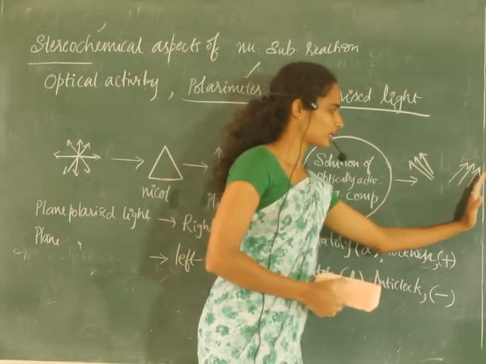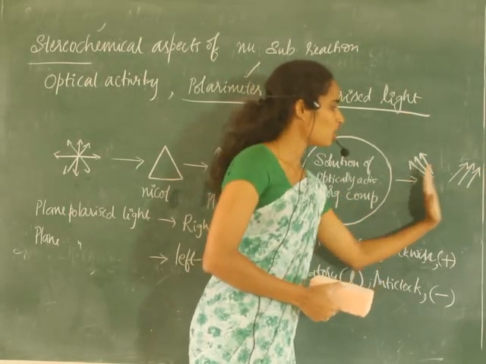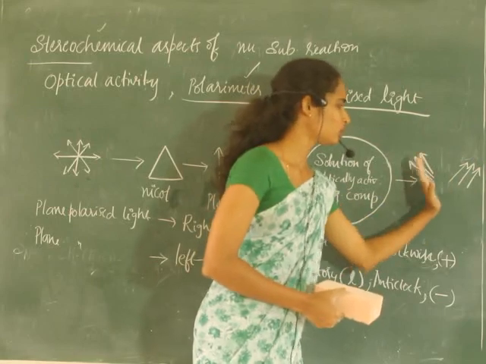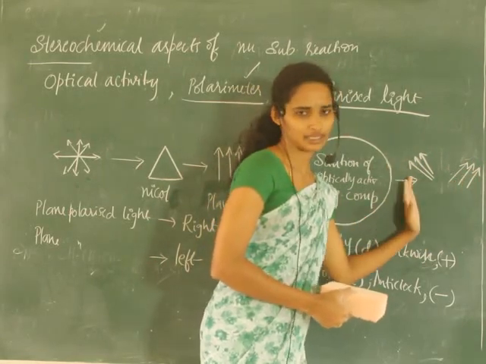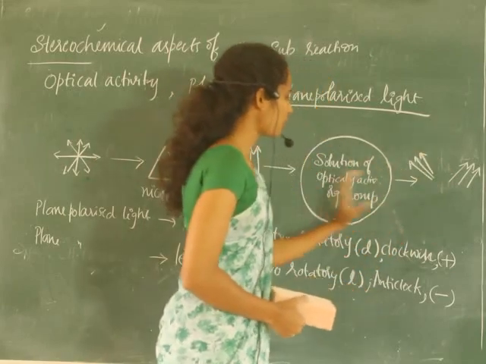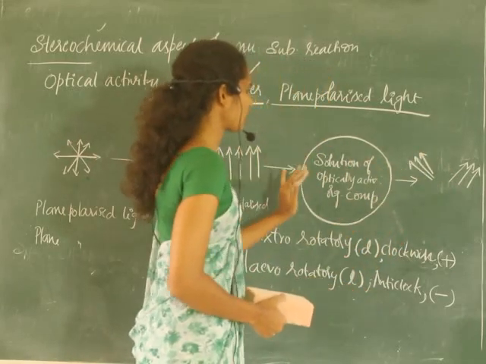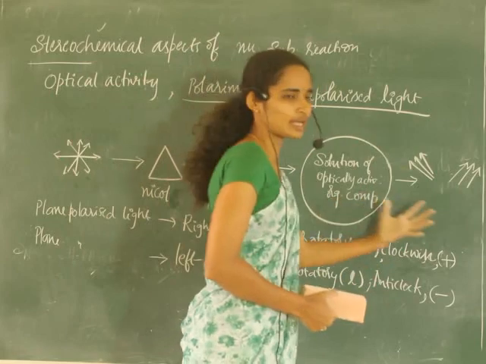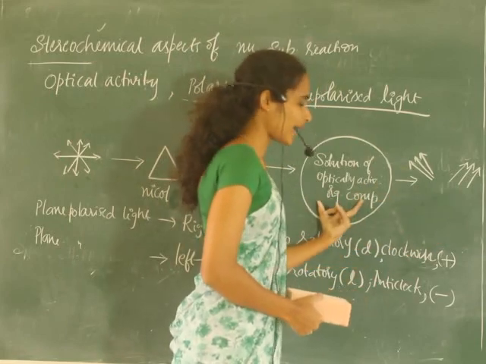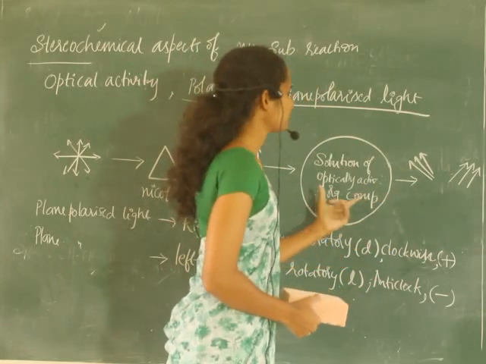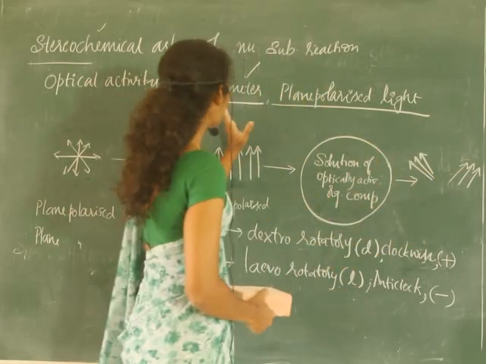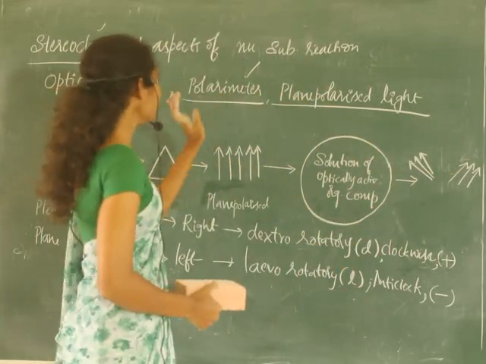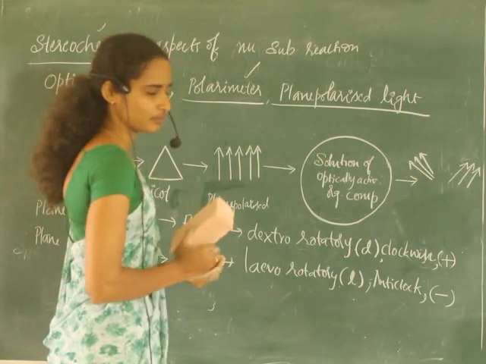Right side is called dextro, left side is levo, or positive, negative, clockwise, anti-clockwise, or plus or minus. This is called optical activity. The compounds which show this are called optically active compounds, and the angle of rotation is measured by an instrument called a polarimeter.